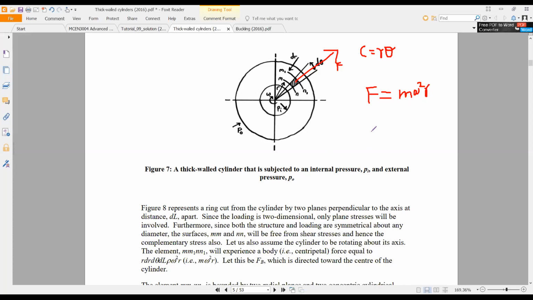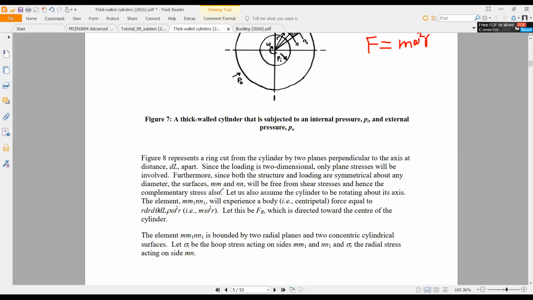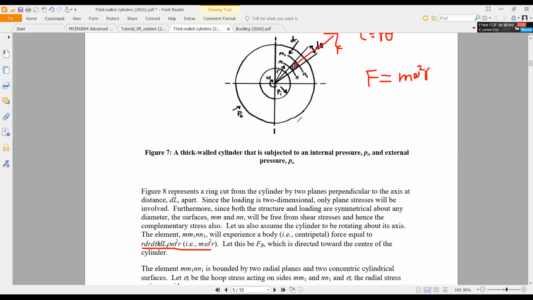You can see when you read this sentence, in here it explains that centrifugal force. This is the m r omega squared. Sometimes you will feel there is no m given, so they will find m with the volume. You can find this small segment volume using the given data.